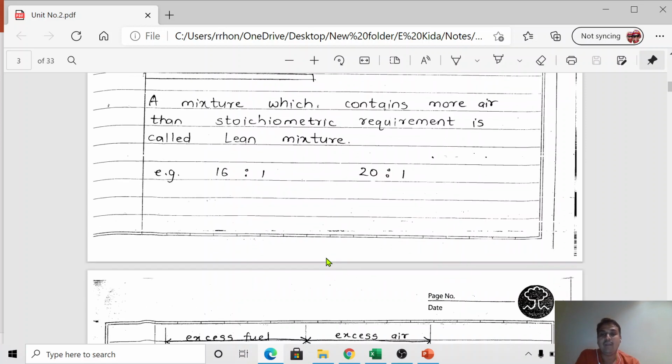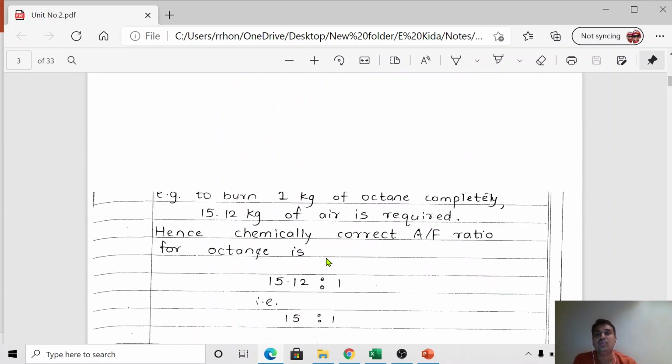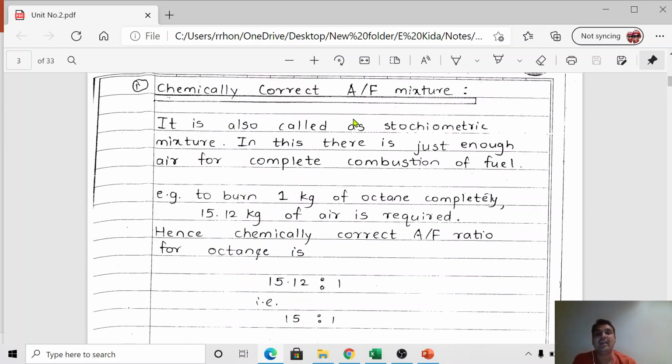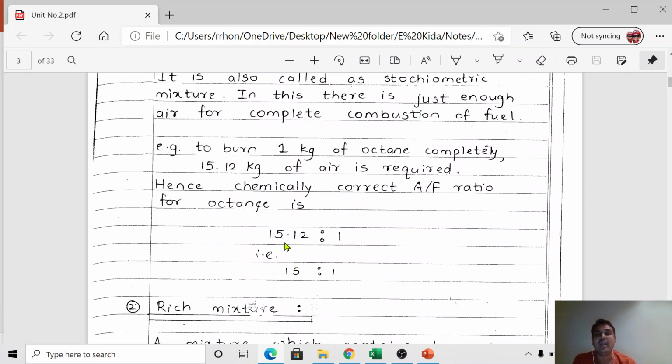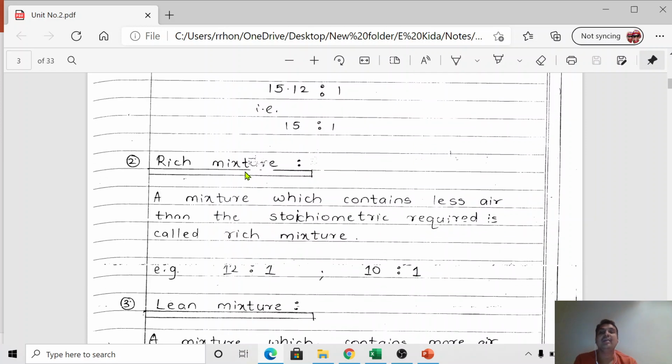So we just understood the first one, the chemically correct air-fuel mixture, whose value is 15.12 kg of air required for burning 1 kg of octane. Then the rich mixture, where the amount of air is always less than the stoichiometric requirement, that is less than 15 kg. So whatever air is less than 15 comes under the rich mixture.